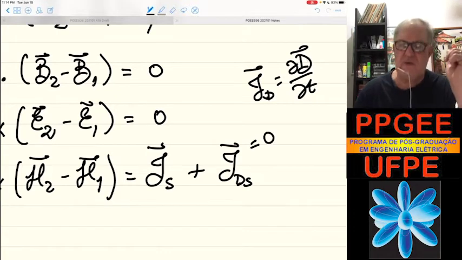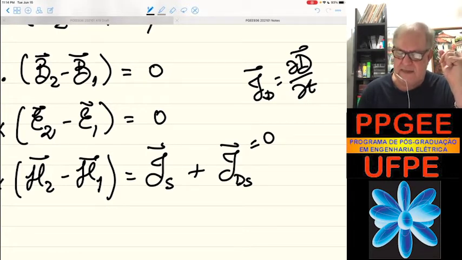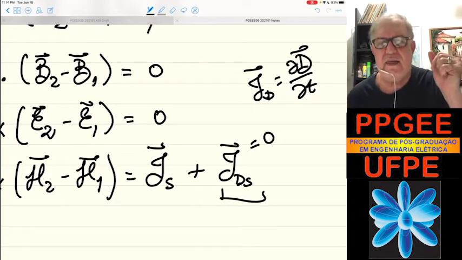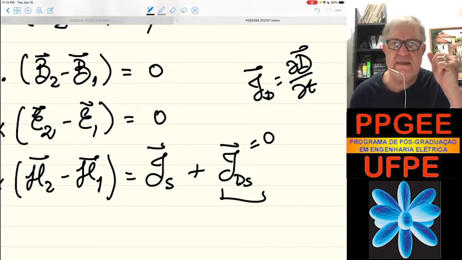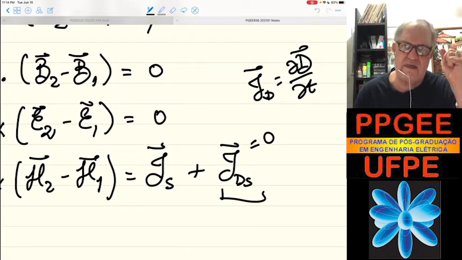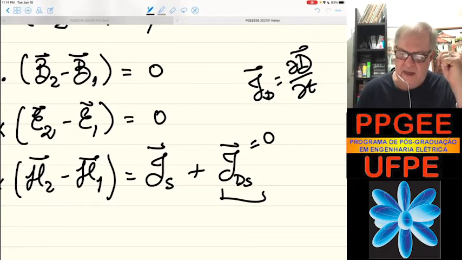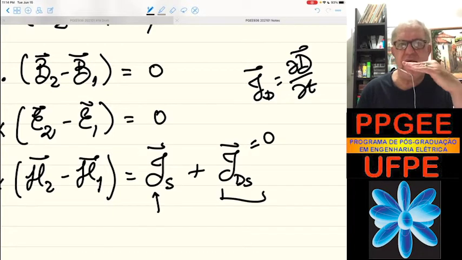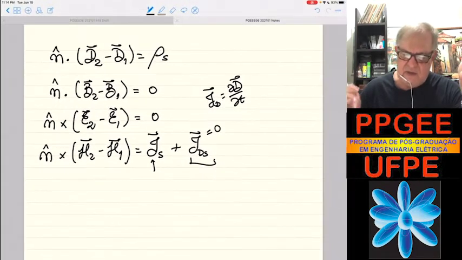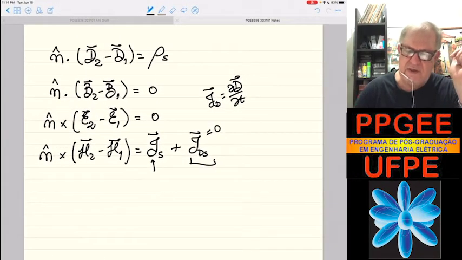So this term equals 0, because this is not a material quantity. This is a field quantity, the time rate of change of the electric flux density. But J_S is a material quantity. You can have a surface current density as an idealization. So that's going to be the boundary condition for H.